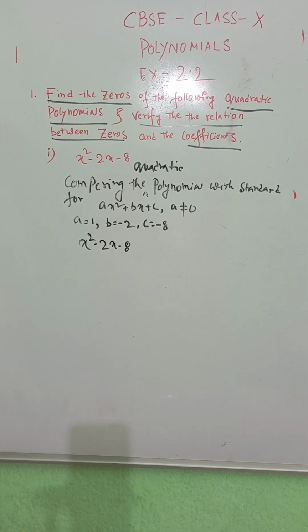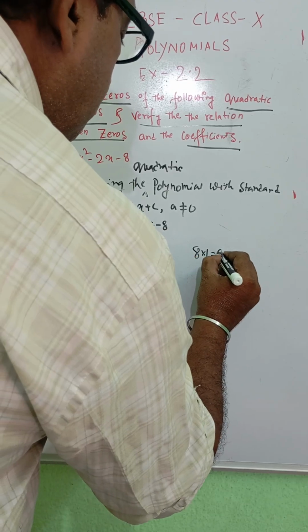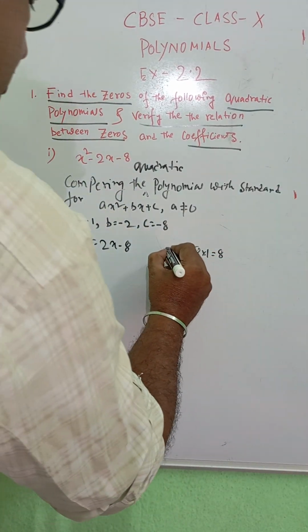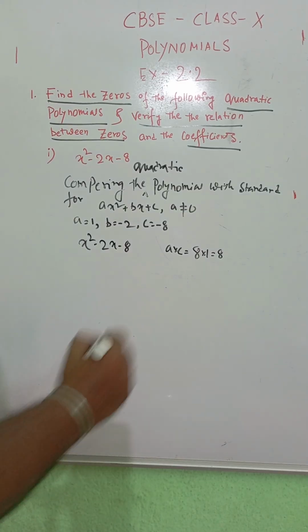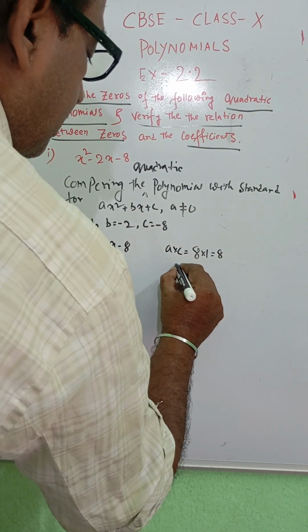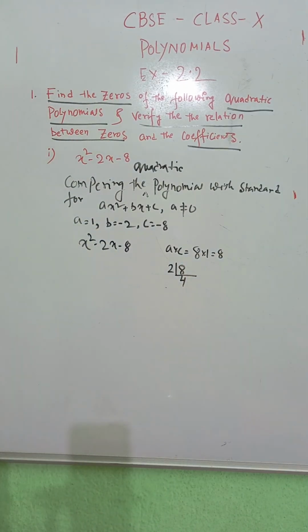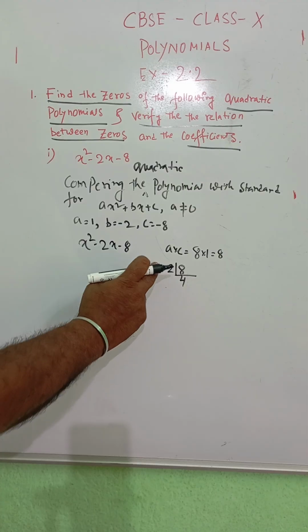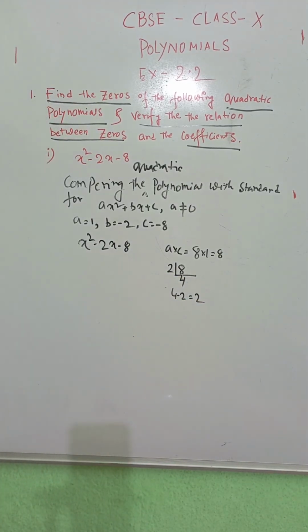Now for the middle term factor, 8 multiply 1 is equal to 8, that is a into c. Now this 8 is 2 into 4, that is 4 minus 2 is equal to 2 is coming.